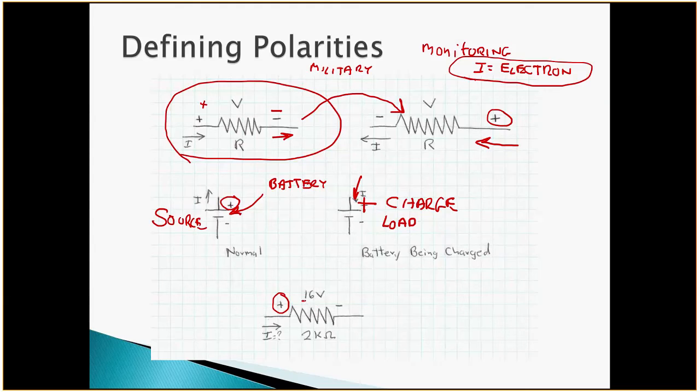I have 16 volts dropped, and the resistance is 2,000 ohms. So I go back to my equation that I remember, V equals IR, and I know the voltage is 16 volts, and I know that the current is, I don't know, and the resistance is 2K ohms, or 2 times 10 to the third. So I divide both sides by 2K ohms.